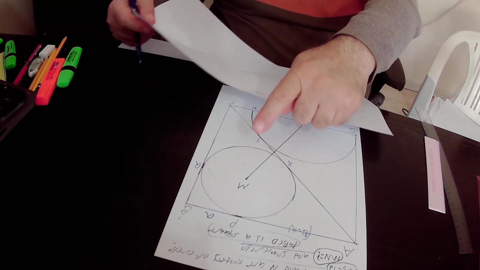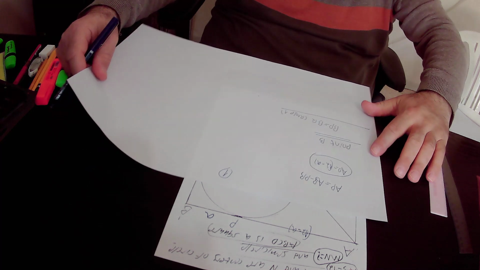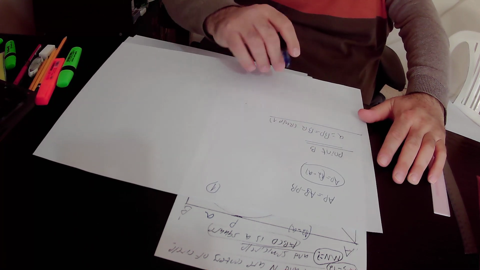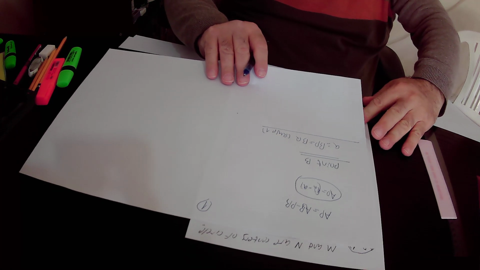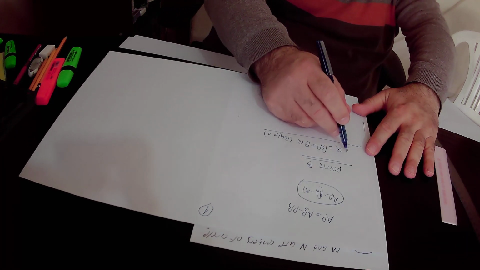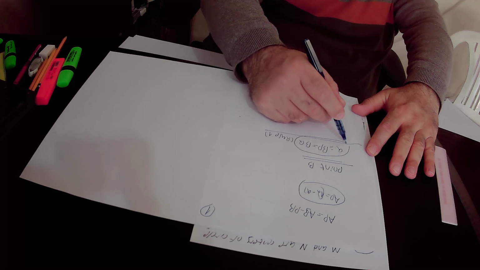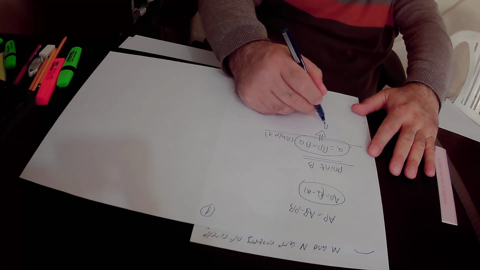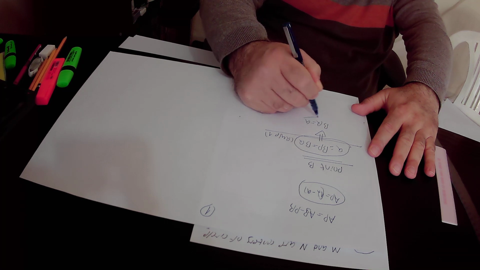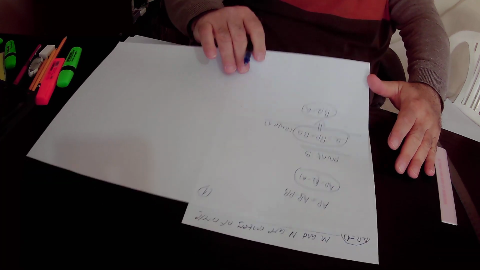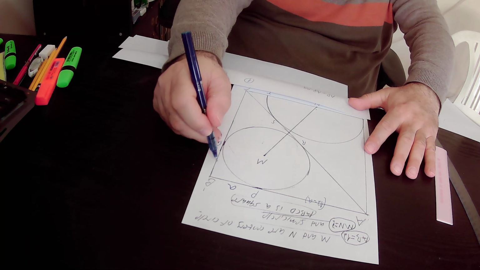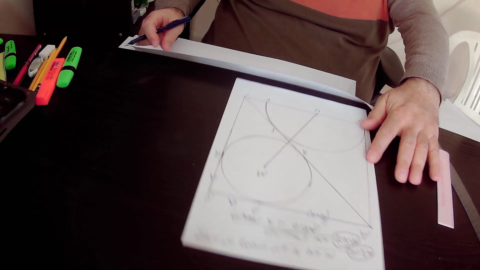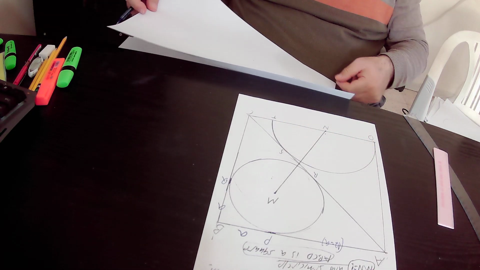But according to our definition, BP equals A. So we can write here BP equals A. And from this equation, A equals BP equals BQ, we derive that BQ is also equal to A. And what is the length of QC?